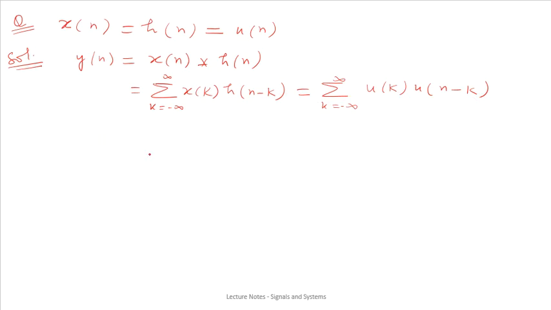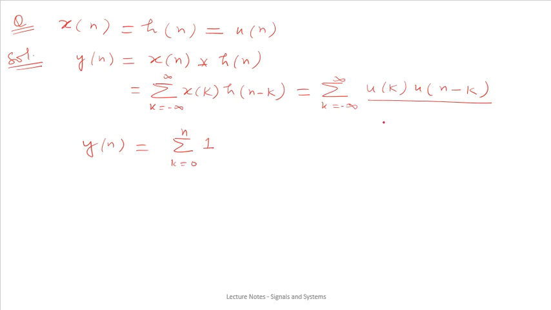Now based on these unit step signals, you will have to modify the limits on the convolution sum. The limits will be modified from 0 to n.